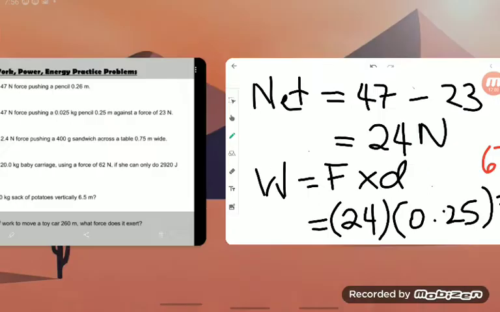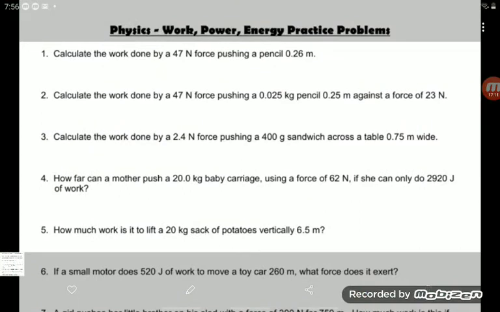So again, just to recap, we are only concerned with the mass of the object if it is being lifted up. Because it is not being lifted up, we are not concerned with it. We are only concerned with the other force that they're saying that we're working against. So we are pushing with a force of 47 newtons, but we are working against a force of 23 newtons.